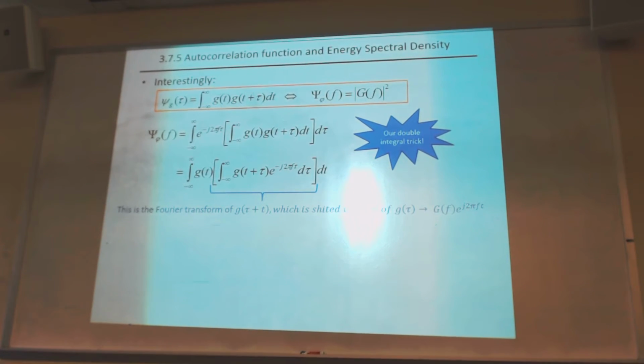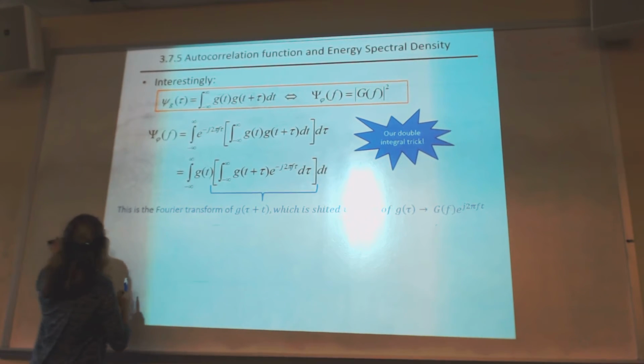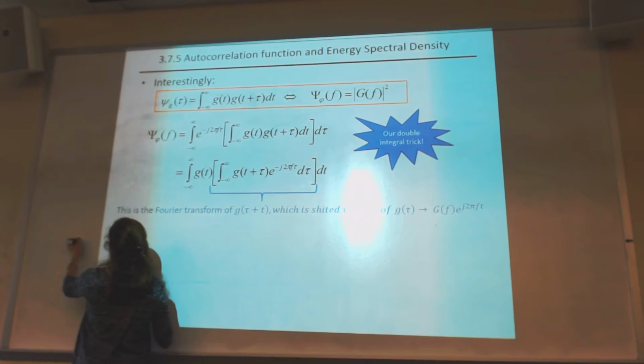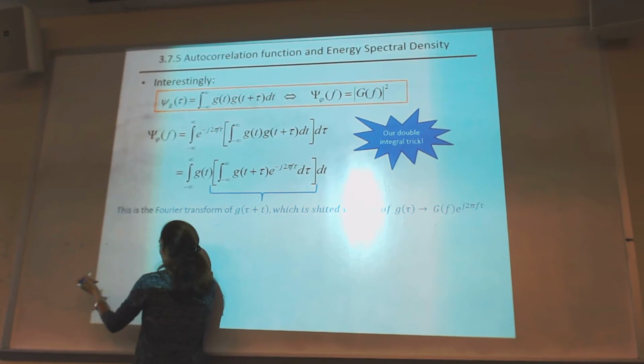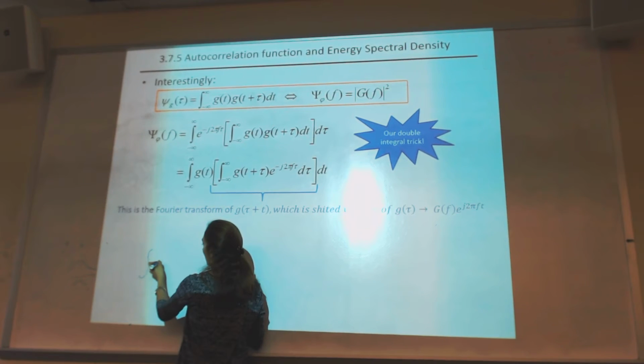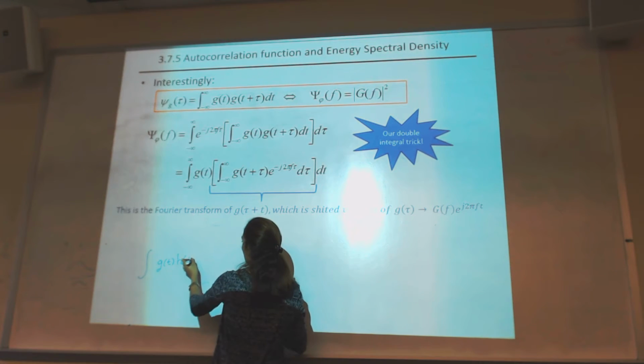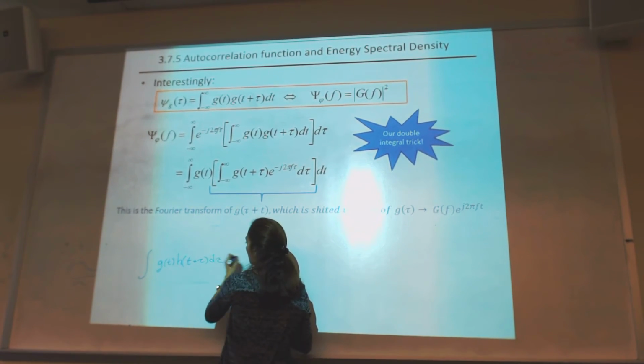Okay, so does anybody remember the autocorrelation function from chapter 2? When we wanted to see how similar two signals are, let's say you had two signals G and H, you would correlate them, say G of T and then H of T plus tau, something like that.